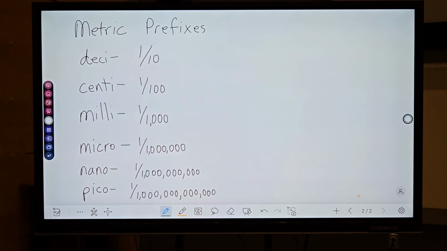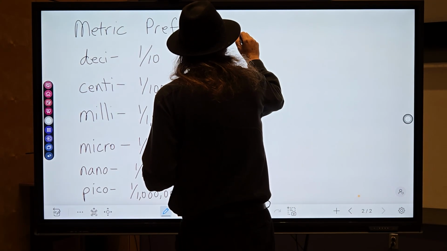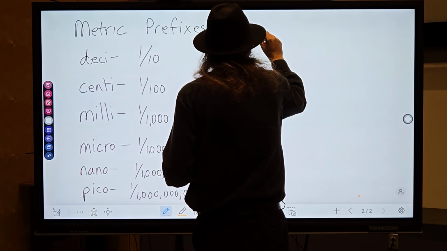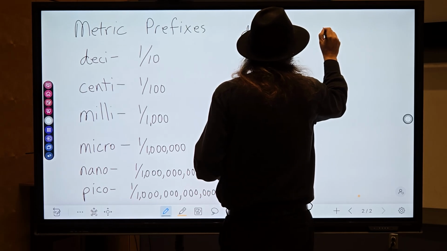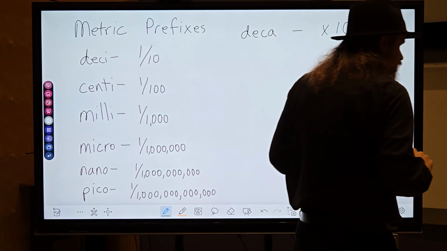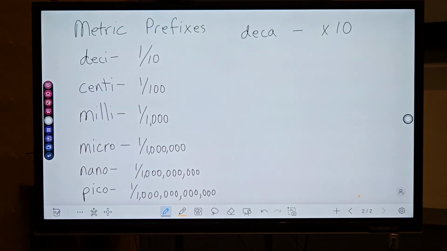On the other side of things, there's little used, but for sake of completeness, deca, which is times 10. I was not able to think of an example of the use of the deca prefix.